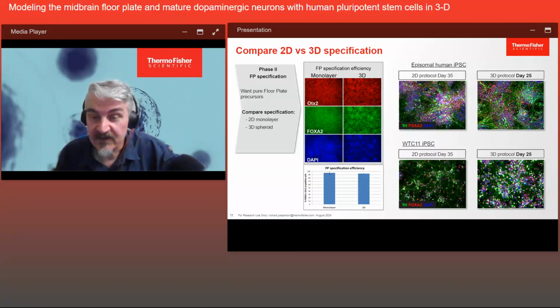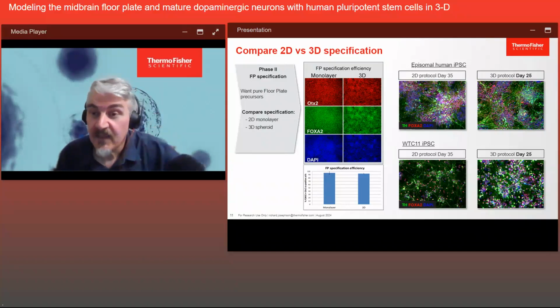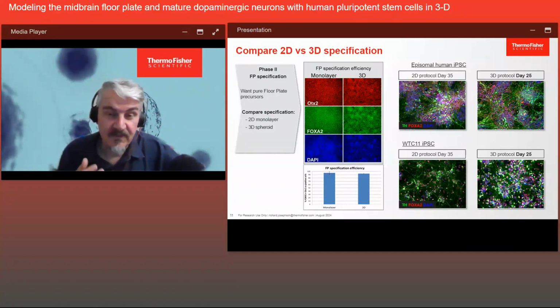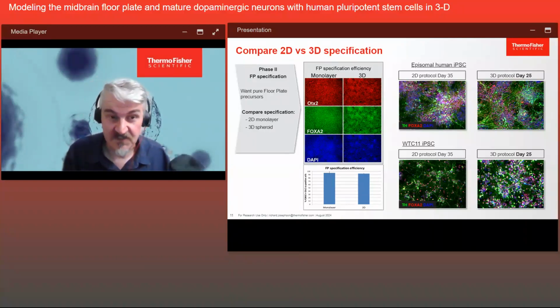On the right here are images taken from two distinct iPSC lines. In both cases, the neurons positive for tyrosine hydroxylase, TH, and FOXA2 emerged earlier after 3D specification than they had in the 2D protocol.